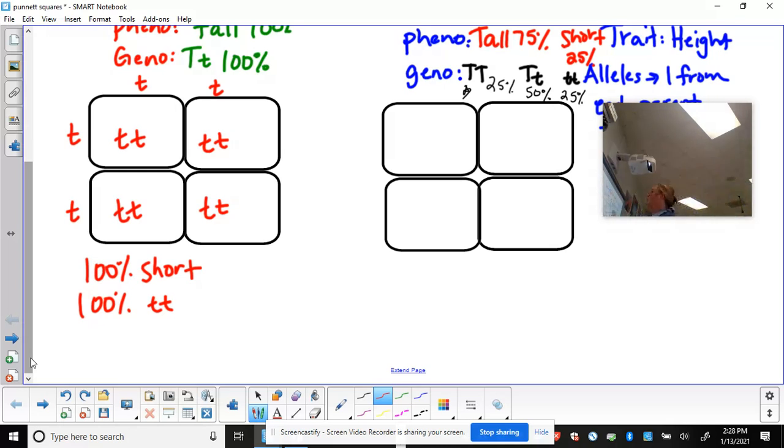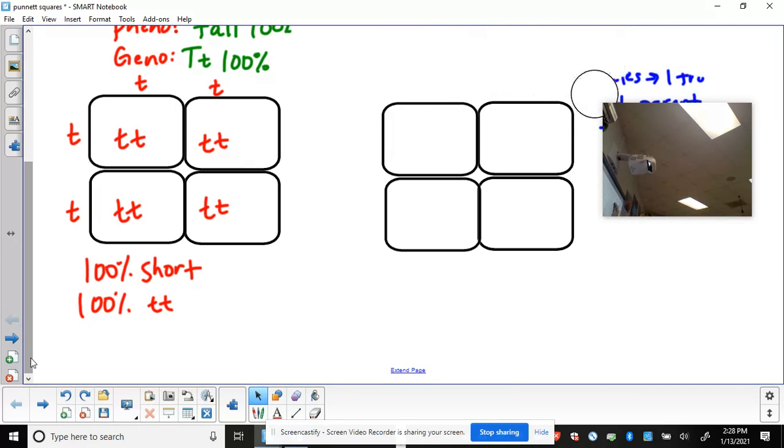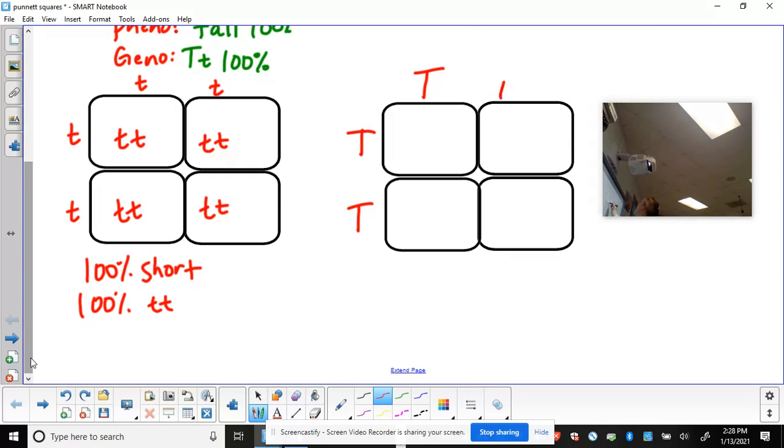What if you had a tall plant that was this kind of tall and a tall plant that was this tall? So one was homozygous dominant tall and the other one was heterozygous tall. What would that mean for the offspring?